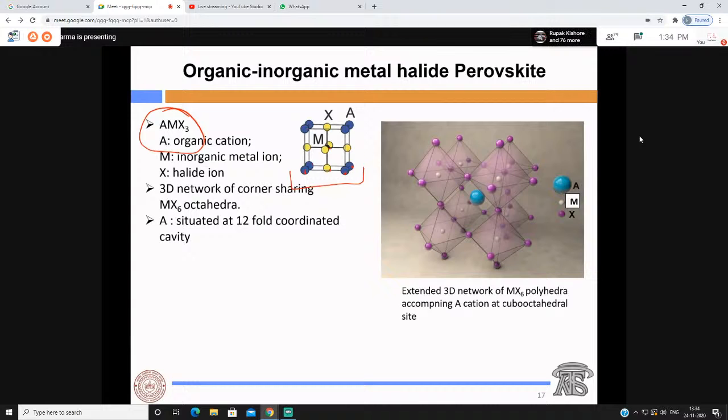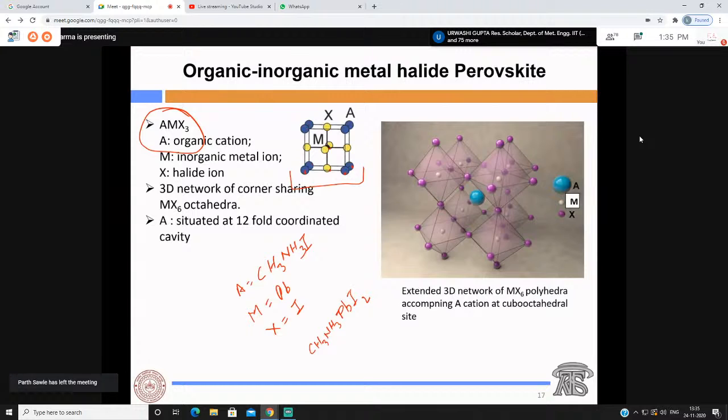Okay, so this material is specifically when A is CH3NH3, M is lead ion, and X is iodide. So it takes the CH3NH3PbI3.